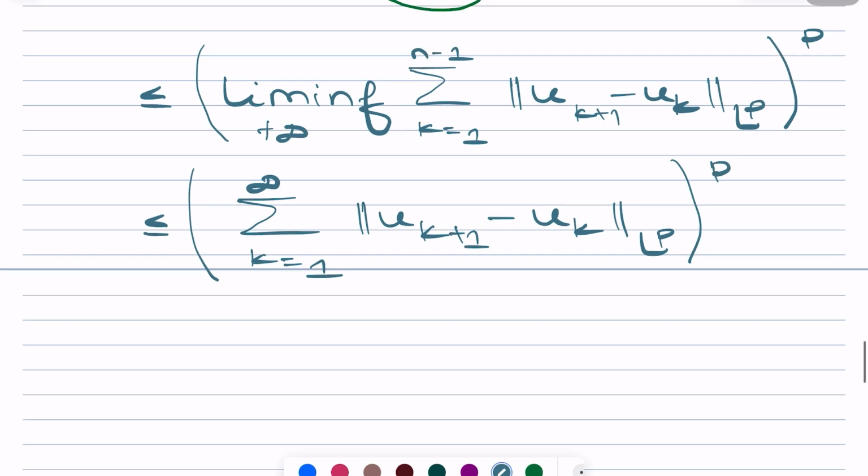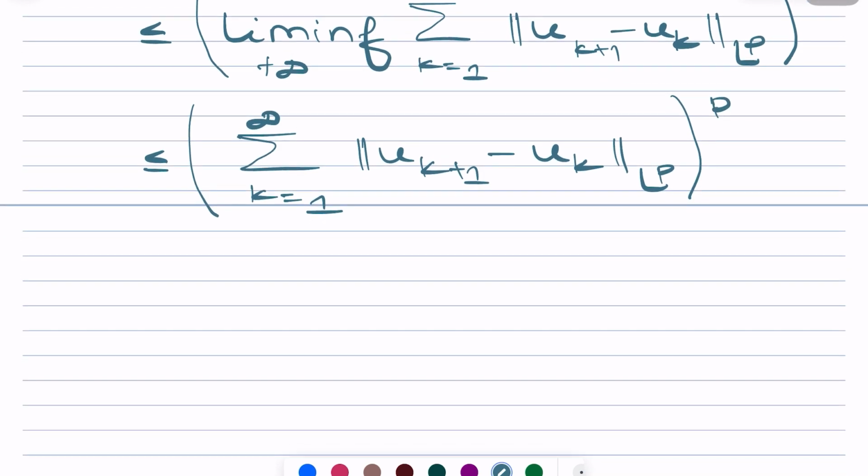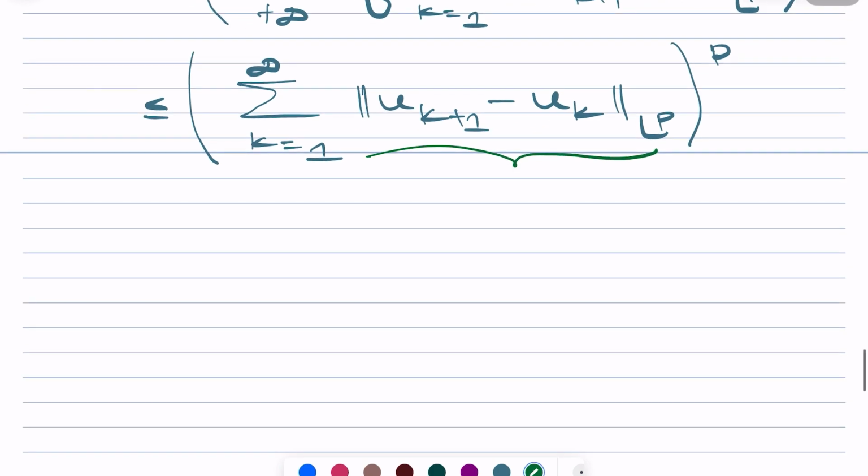And now one thing that you should observe is that we can even choose our subsequence in such a way that this norm here is less or equal to 1 over 2 to the power k.